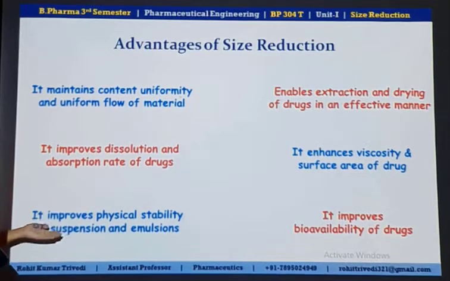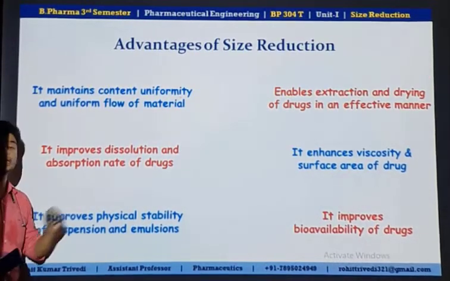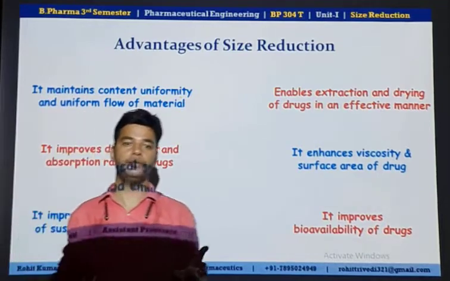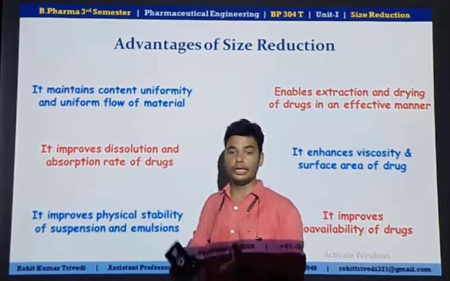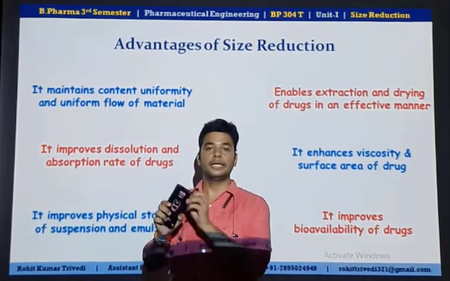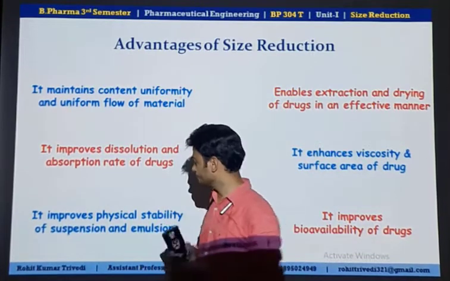Okay, now moving to the third one, it improves the physical stability of suspension and emulsion. We reduce the particle size of solids, and we reduce the droplet size of liquids. If you are making an emulsion of oil and water, we will be reducing the particle size of the internal phase only.